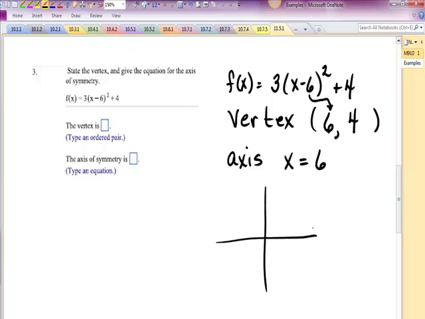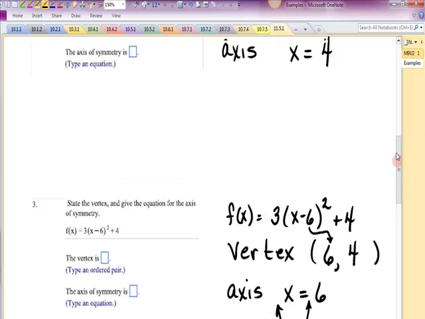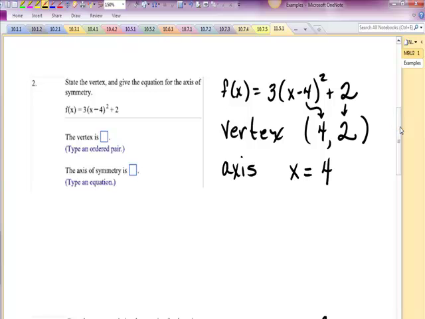Let's take a minute to talk about it. It opens upward because that's a positive number. The vertex is at 1, 2, 3, 4, 5, 6, and 1, 2, 3, 4. The vertex is there. This is not at all accurate, but just as a sketch, it opens up like that. It might be a little thinner. If I went back to this one, the vertex is at 1, 2, 3, 4, and 1, 2.